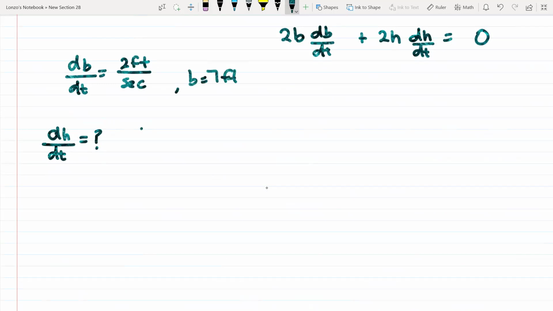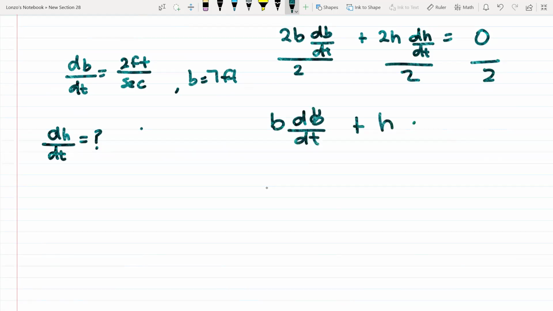So maybe first I would just get rid of this constant 2 by dividing all sides by 2, including the 0. So now we have b db dt plus h dh dt, and on the right it's 0. Our goal is to find dh dt, and we have our base.